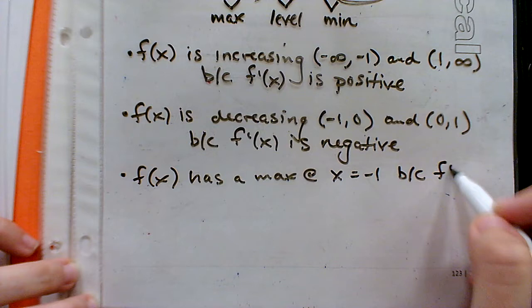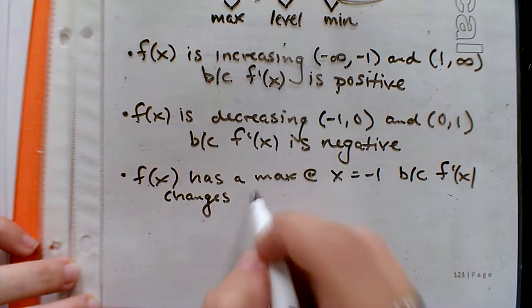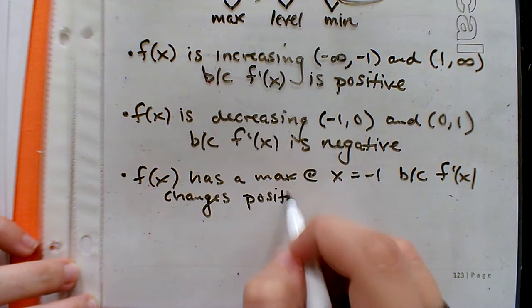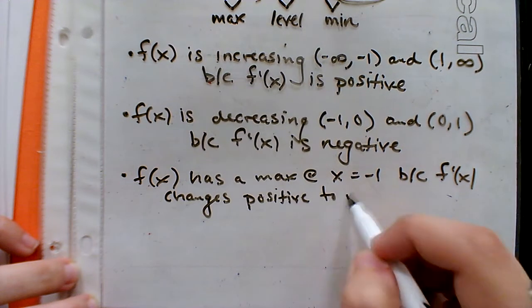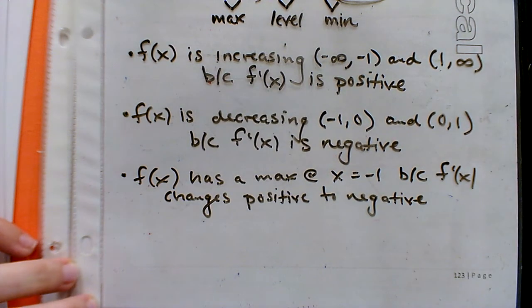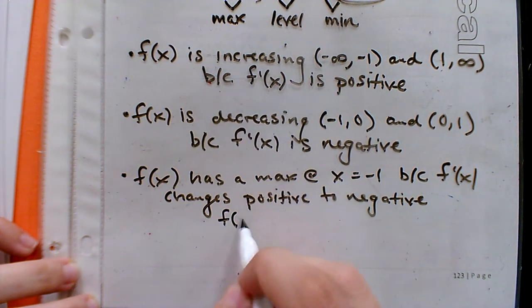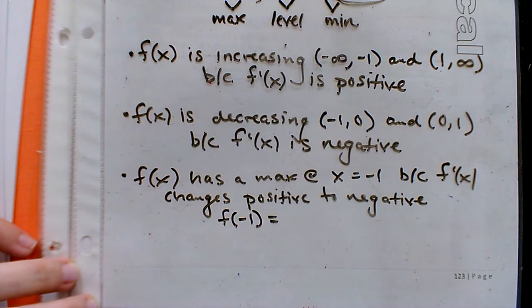Either one of those is fine. Okay, and if this is a max, let's go ahead and plug in negative 1 into the original to get the y value or height of that maximum.